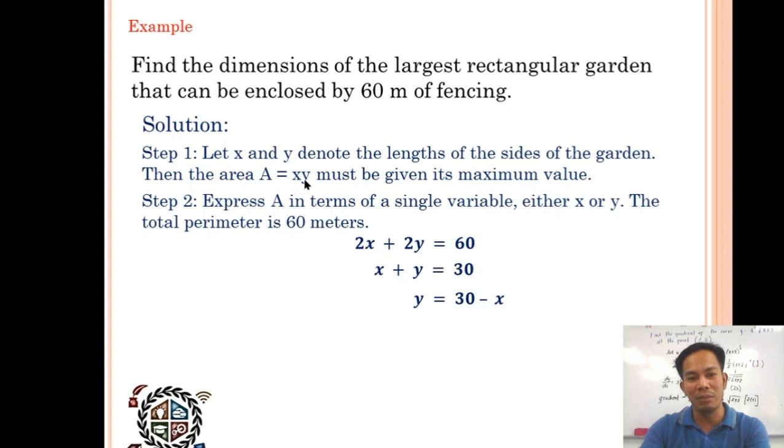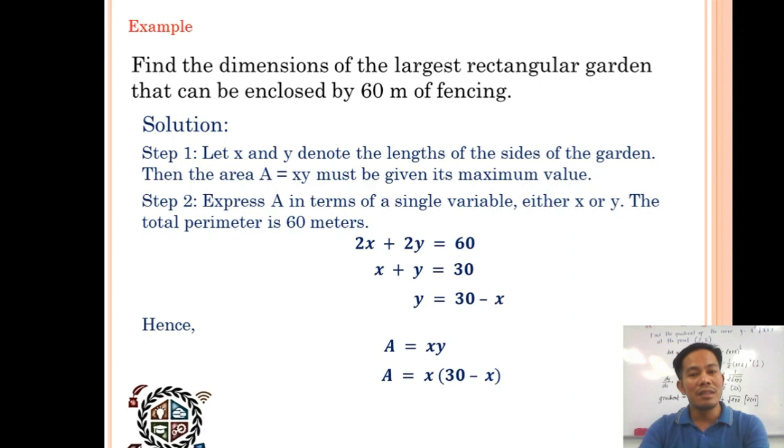E di dalawang variable yan. So, express mo lang siya as a single variable. So, palitan mo yung isang variable nung pwedeng ipalit ko doon. For example, here, y is equal to 30 minus x. So, yung y dito, pwede ko nang palitan ng 30 minus x. Okay, yan. Napalitan ko na yung y ng 30 minus x.